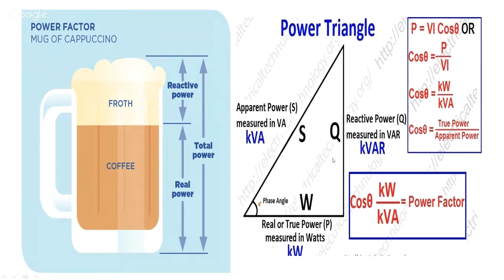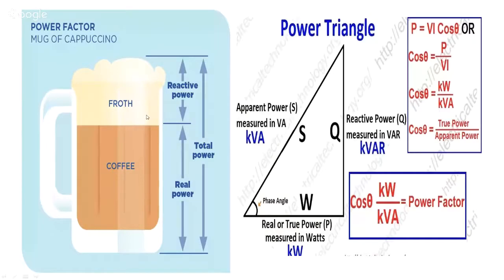This can be understood very well with this figure. You can see here, this is a coffee mug. In the coffee mug, you can see the amount of coffee that is present and the amount of froth at the top of the coffee. The actual coffee represents the real power.